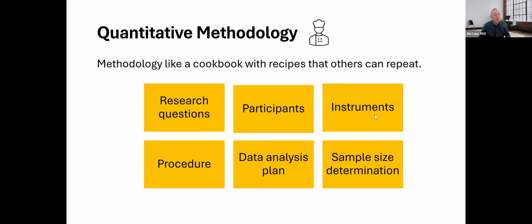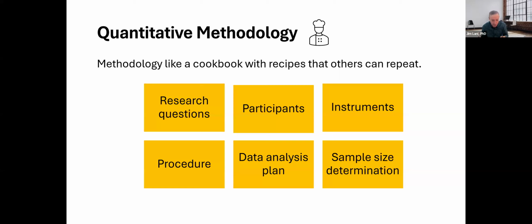I talk about this as a cookbook, and there are lots of analogies, but at the end of the day, you want to give that methodology to someone so they can clearly understand what you're doing and replicate it. That's the essence of science.